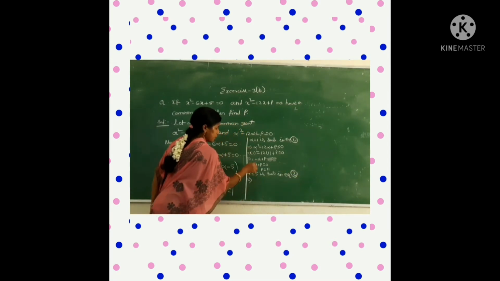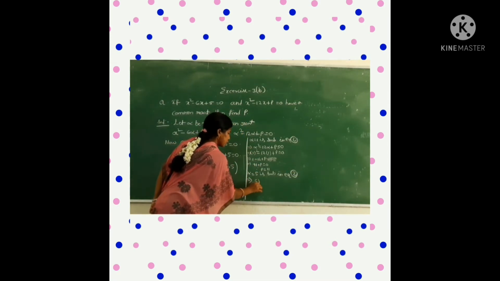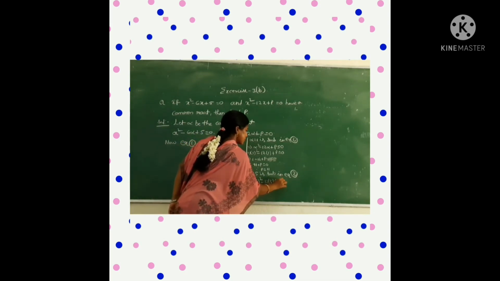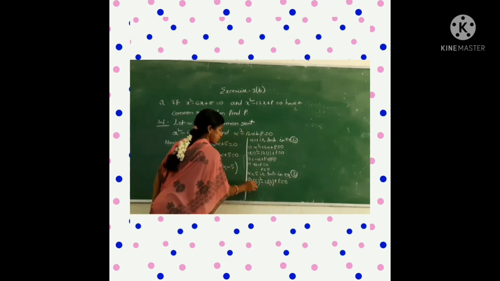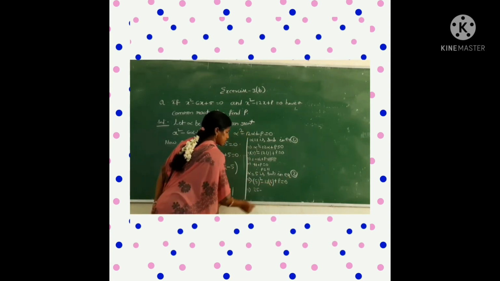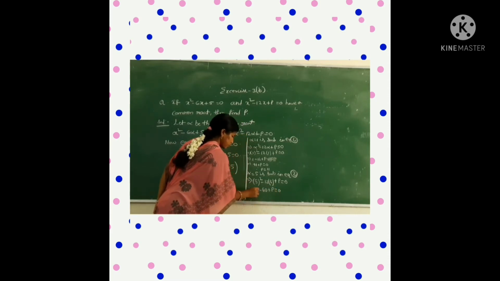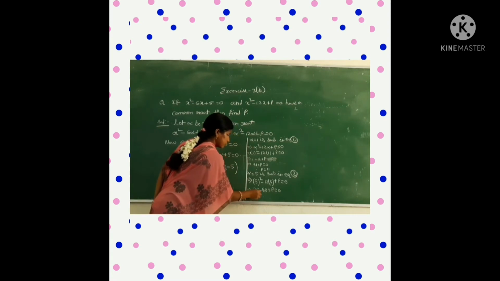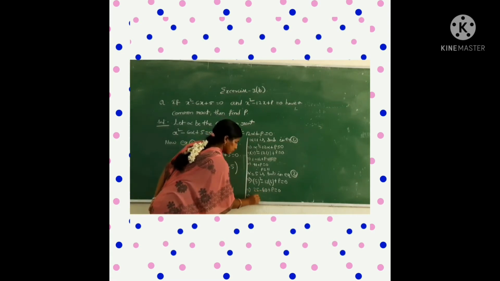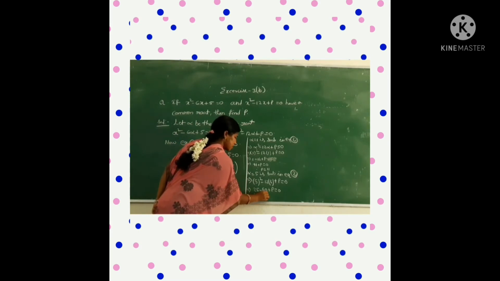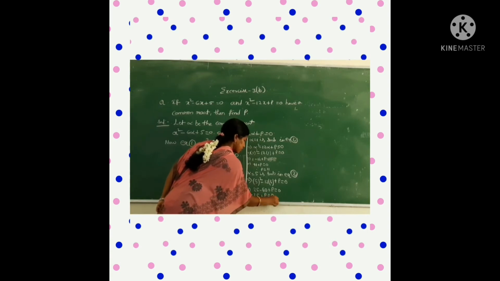That implies alpha square means 5 square minus 12 into 5 plus p is equal to 0. 5 square means 25 minus 60 plus p is equal to 0. 25 minus 60 is minus 35, so minus 35 plus p is equal to 0. Therefore, p is equal to 35.